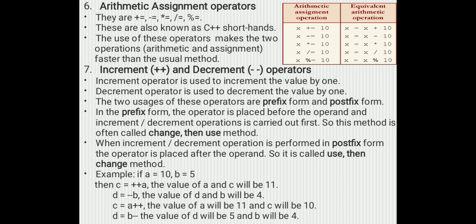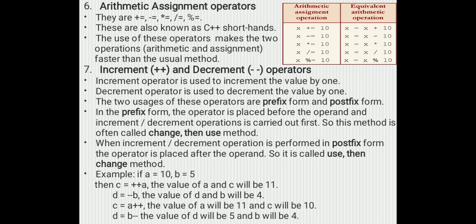First change the value of the variable A, then store the value of that variable into the second variable C. So the value of both A and C will be 11, because the value of A is 10, and plus plus means increment the value of the variable A by 1. So 10 plus 1, 11. So both the variables have the value 11.